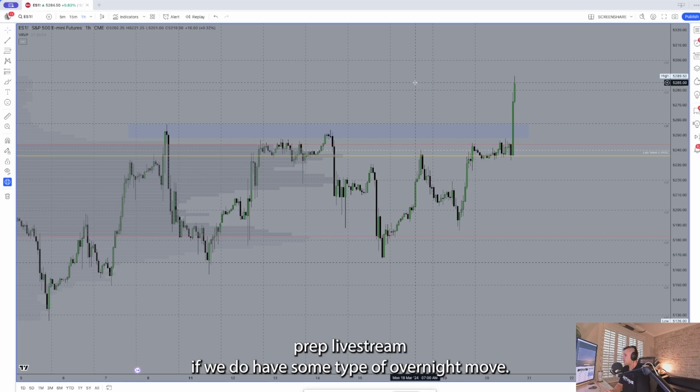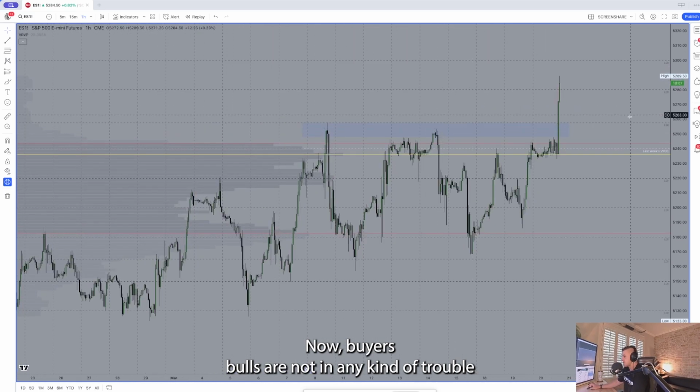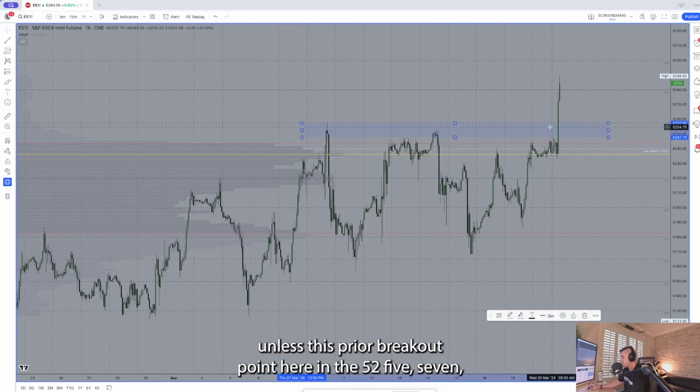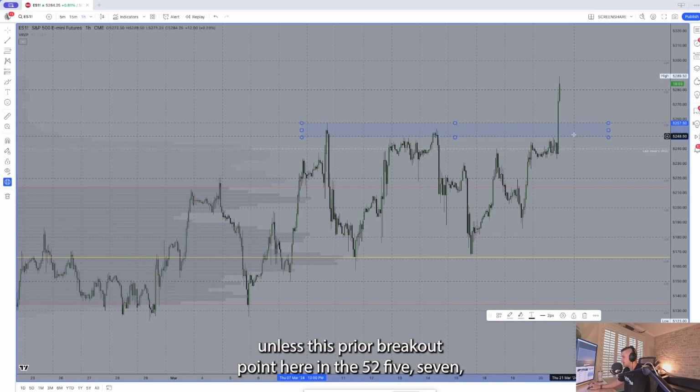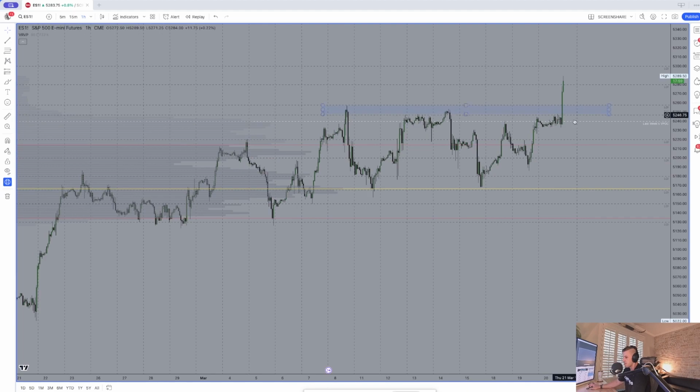if we do have some type of overnight move. Now, bulls are not in any kind of trouble unless this prior breakout point here in the 5257, 5250 area fails to hold as support.